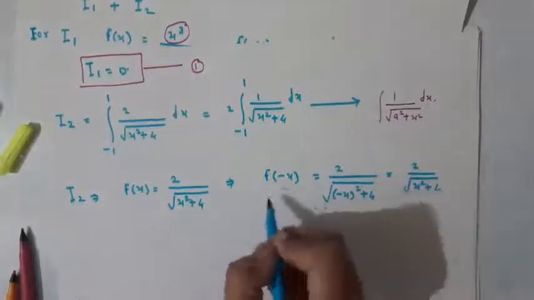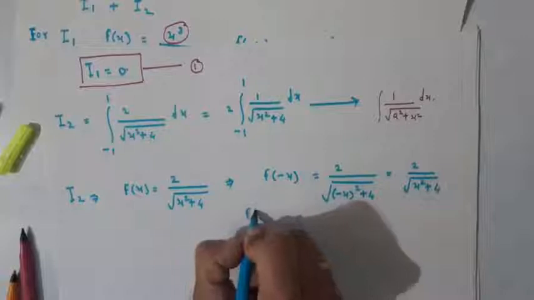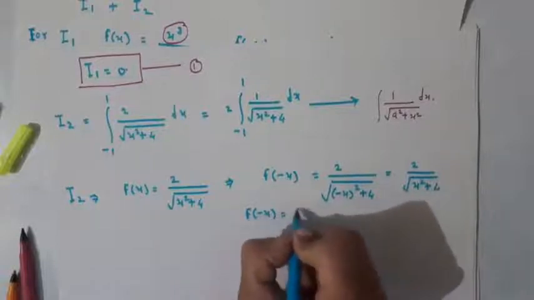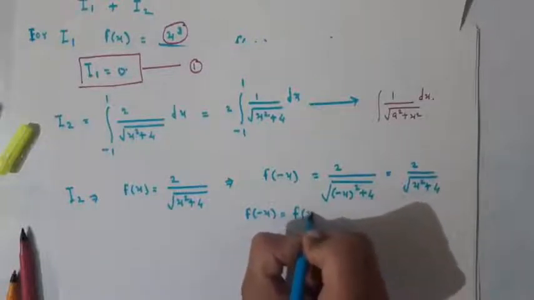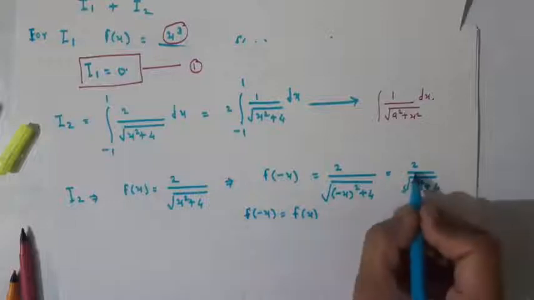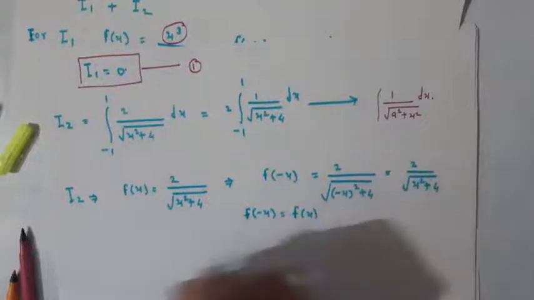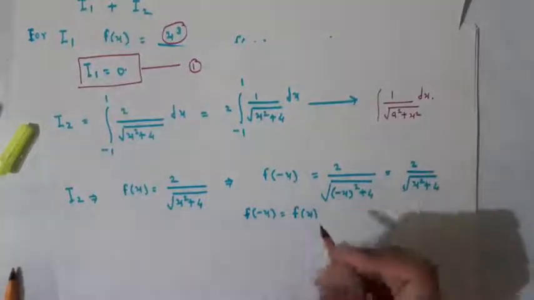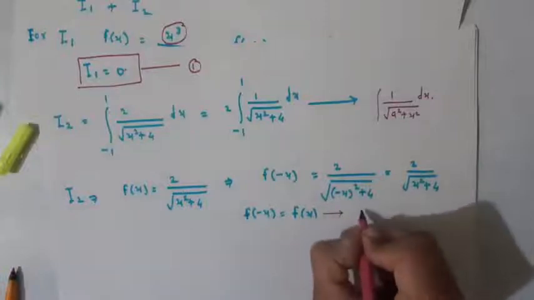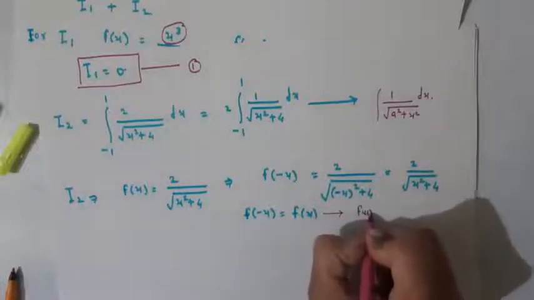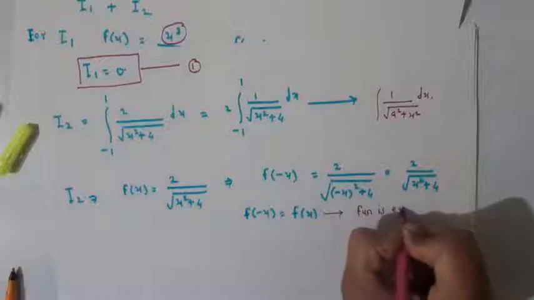So students, here f of minus x equals f of x, because there is no negative term, and that's why the function is an even function. Therefore, the function is even.